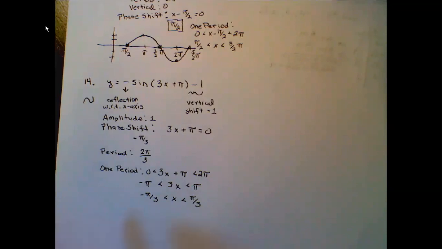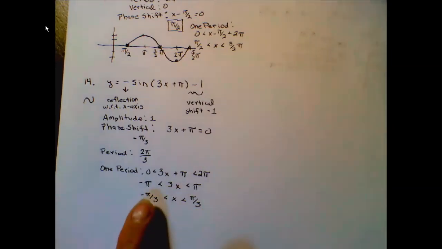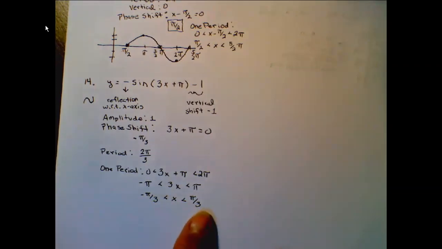And there's a nice built-in check here. What's the distance from negative pi over 3 to pi over 3? How many units is that? If you're counting from negative pi over 3 to positive pi over 3, or if you subtract the left endpoint from the right endpoint, what's pi over 3 minus negative pi over 3?